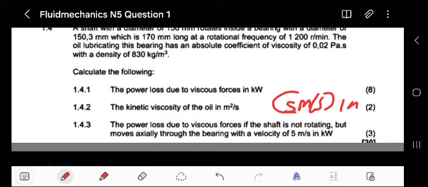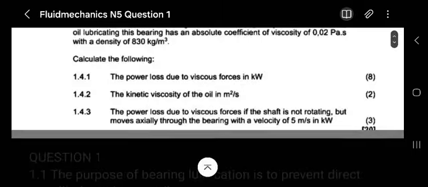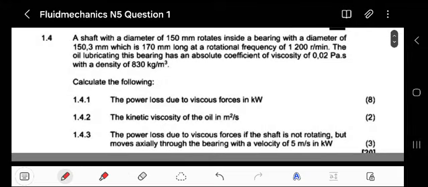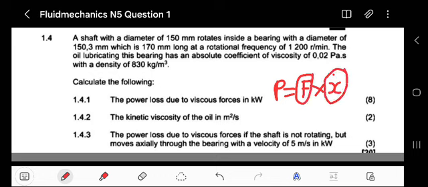Now we know that the power will be like this. If we are dealing with linear motion, power will be force multiplied by the velocity only. It is no longer the angular form.